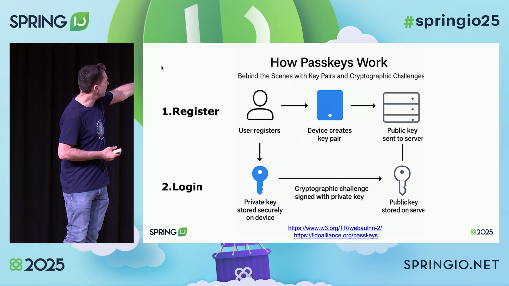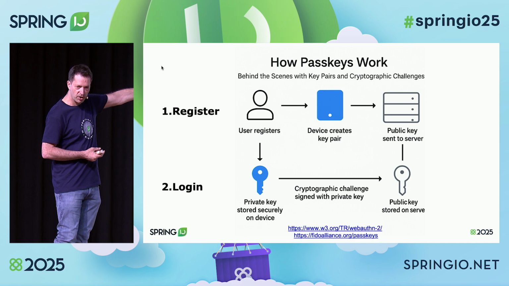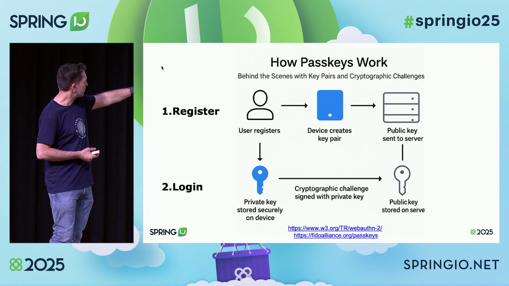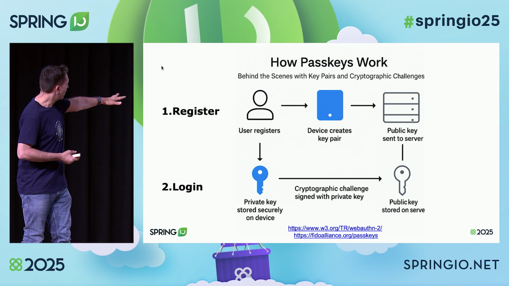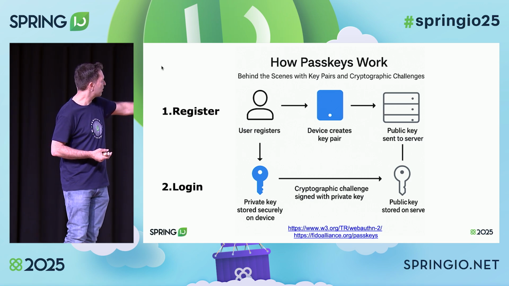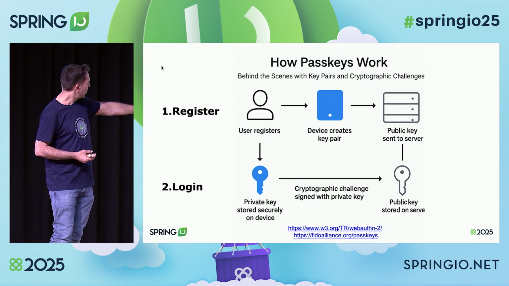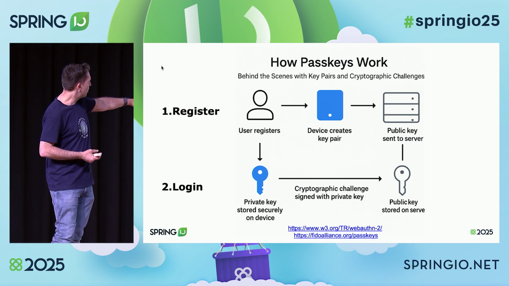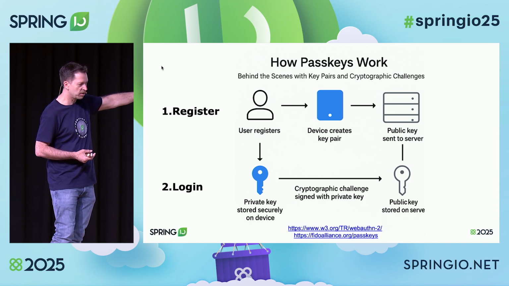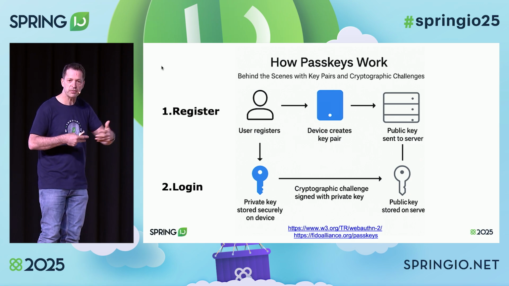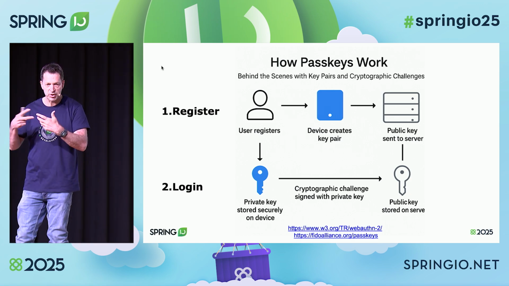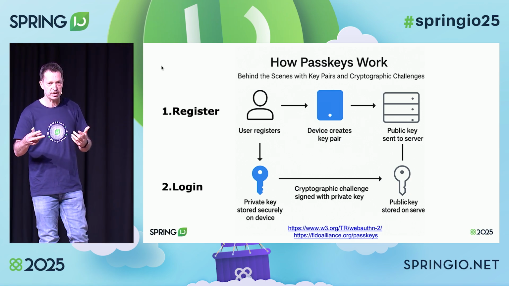So it creates a private key and sends the public key to the server. If you later authenticate to that same server, it already has the public key, and you then sign some challenge with your private key that gets sent to the server, and with the public key, the server can validate that this is really a signed request from you with your user identity.